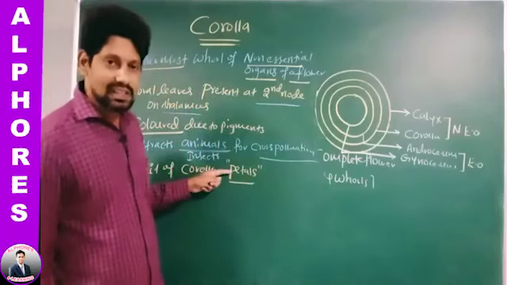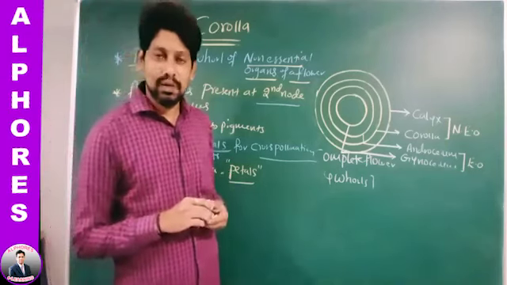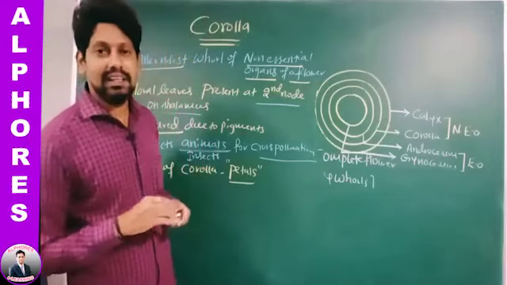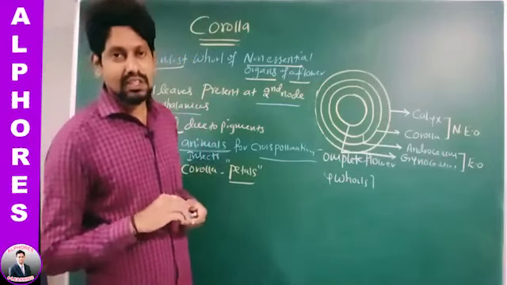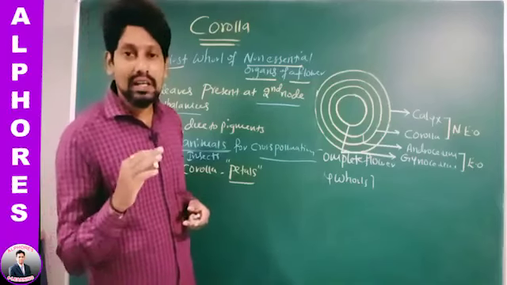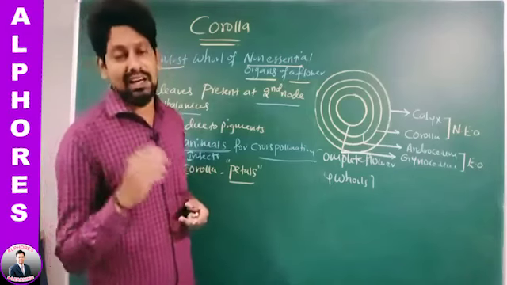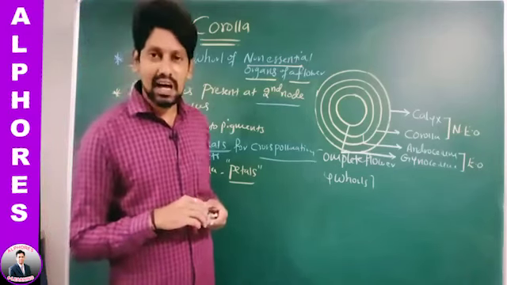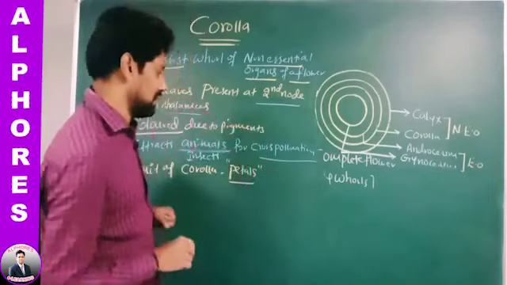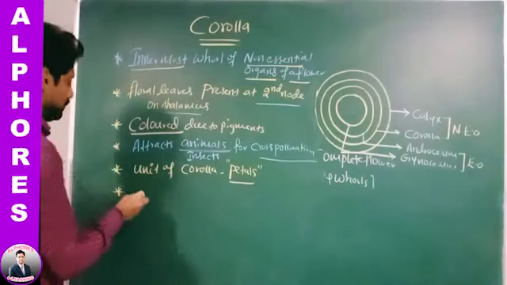These petals may be either free or fused. Free petals are the polypetalous condition. Fused petals are the gamopetalous condition. If petals are free, polypetalous. If petals are fused, gamopetalous.